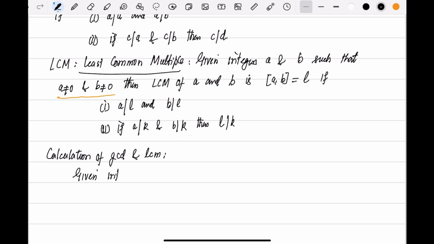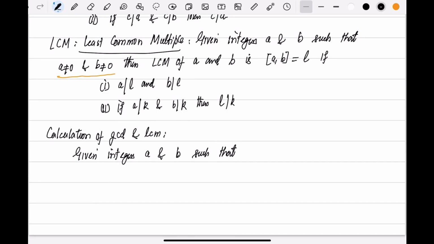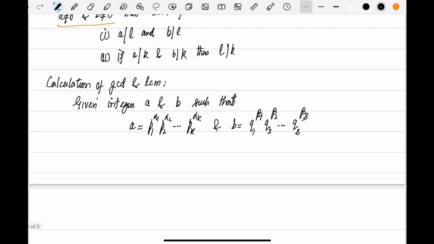Given integers a and b, as we know every integer has a canonical representation using the fundamental theorem of arithmetic, suppose a is equal to p1 power alpha 1, p2 power alpha 2, and so on, pk power alpha k, and b is equal to q1 power beta 1, q2 power beta 2, up to qs power beta s. Suppose these are the canonical representations of a and b.